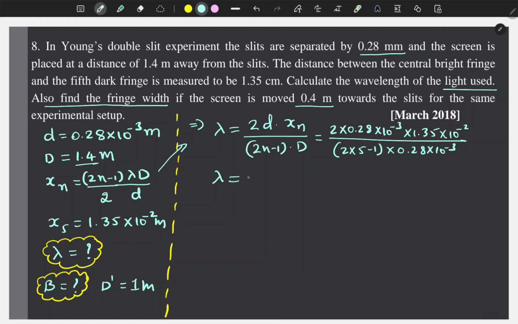If you calculate this, you will get somewhere around 6 into 10 to the power minus 7 meter, that is 6000 angstrom.